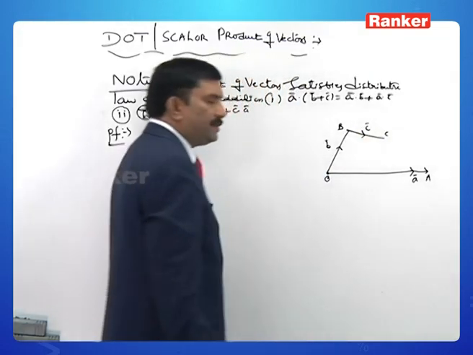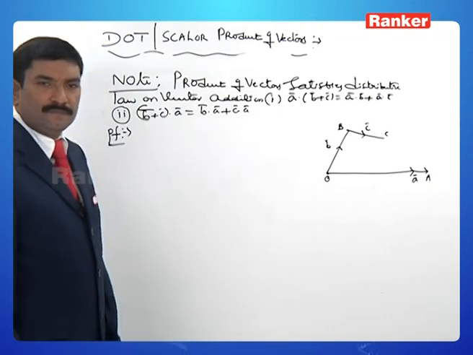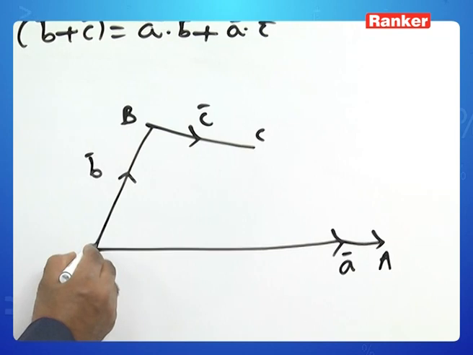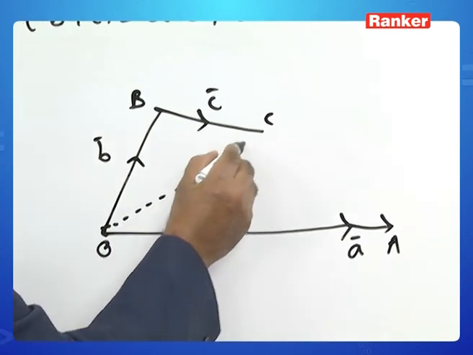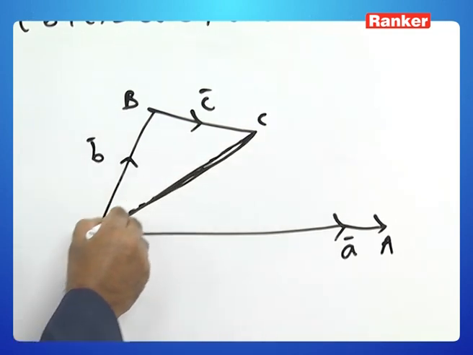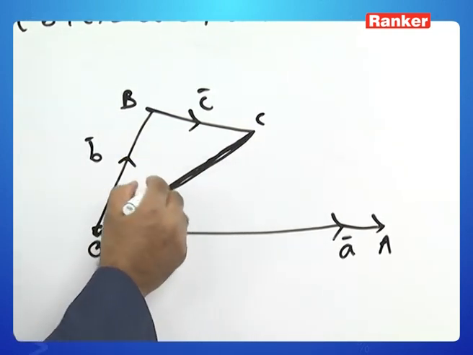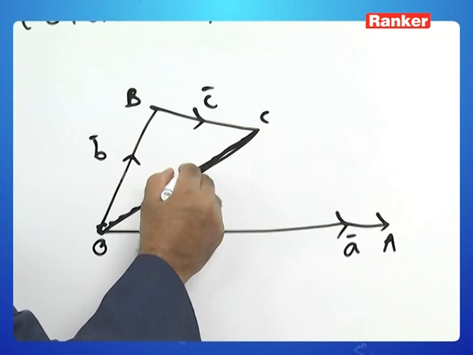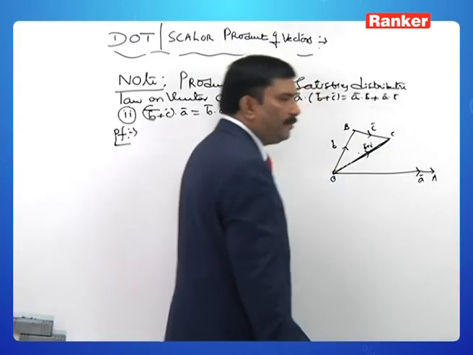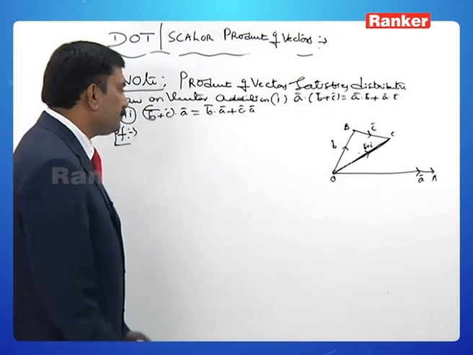BC bar is equal to C bar. Then, by using vector addition, if I join these two, this is nothing but B bar plus C bar.